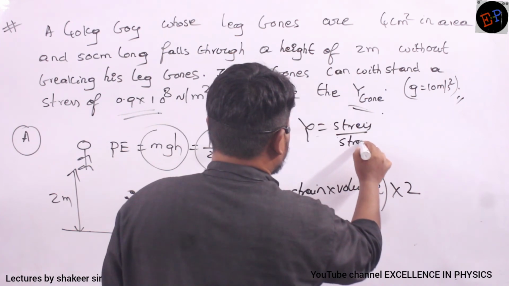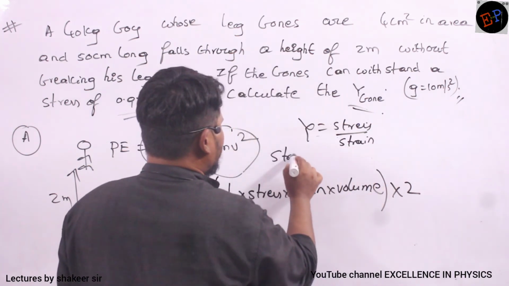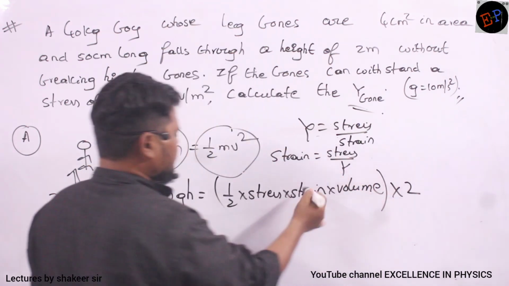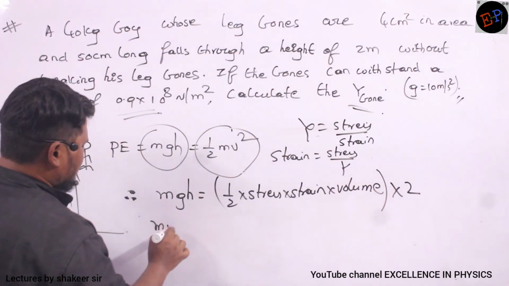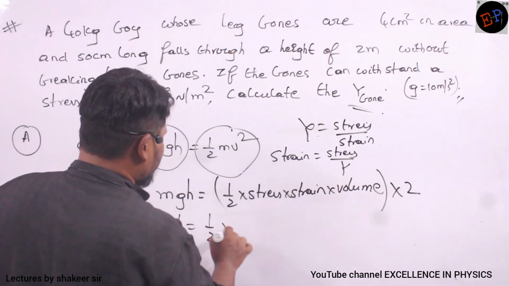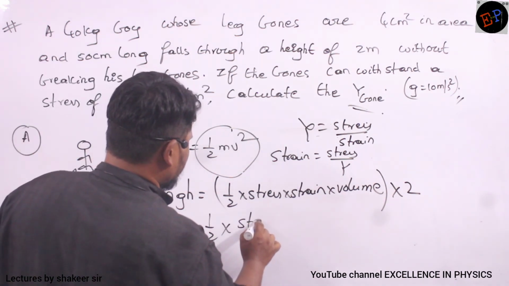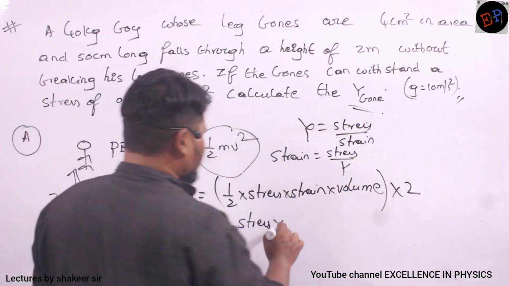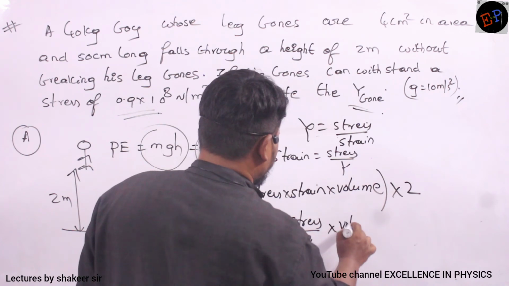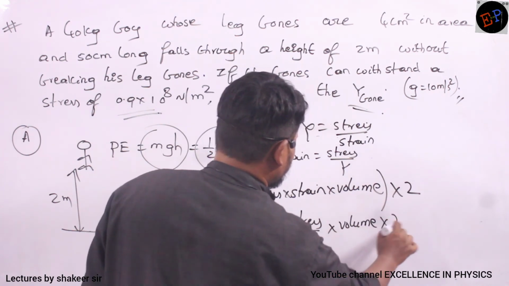So instead of strain, I can write stress divided by Young's modulus. So substitute in this formula. So half into stress multiplied by strain, where strain is stress divided by Young's modulus, multiplied by volume multiplied by 2.